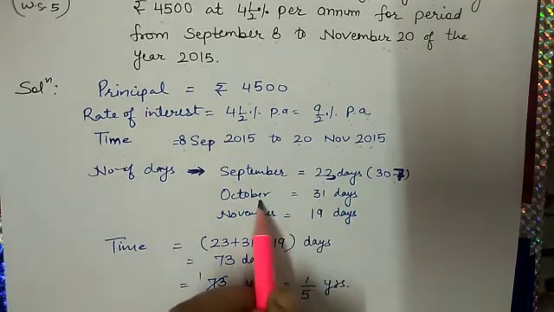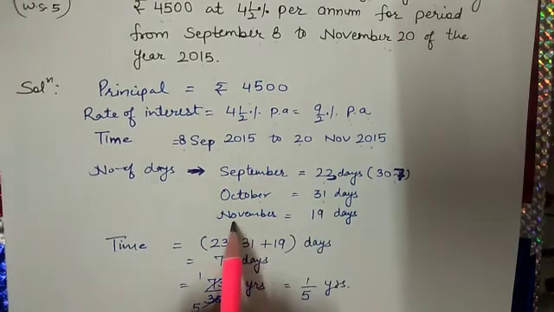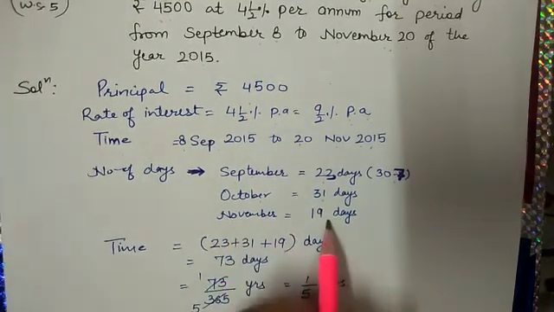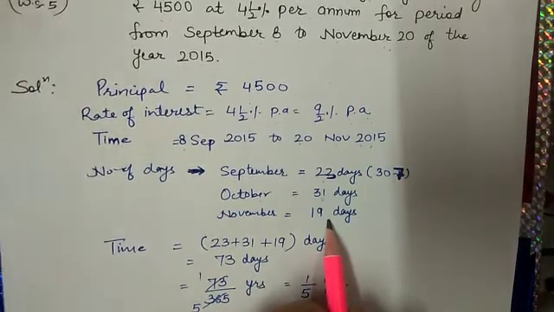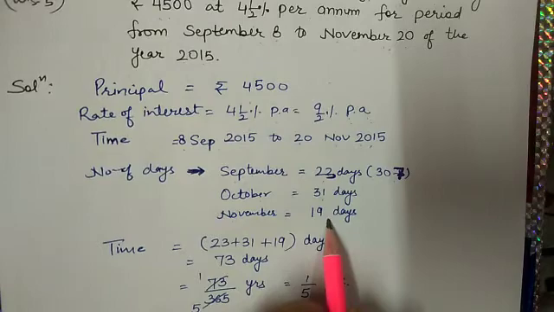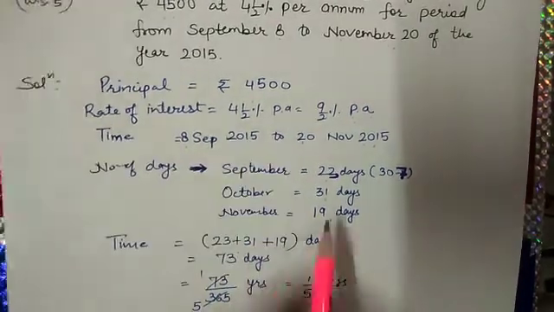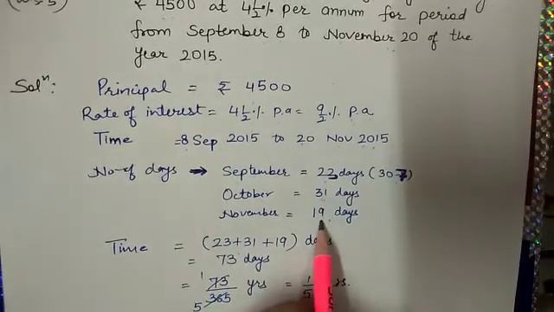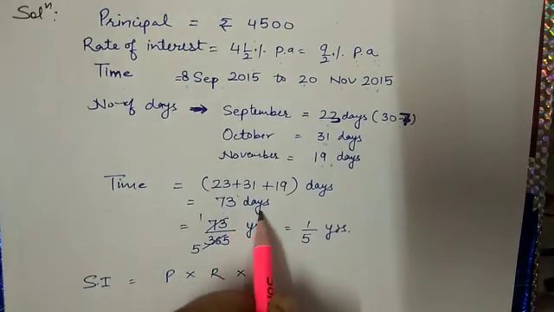In October, for the whole month, the money was in the bank, so 31 days. And in November, on 20th November, the money was withdrawn. So, the interest will be given for the first 19 days. So, the time became equal to 23 plus 31 plus 19, and that is equal to 73 days.